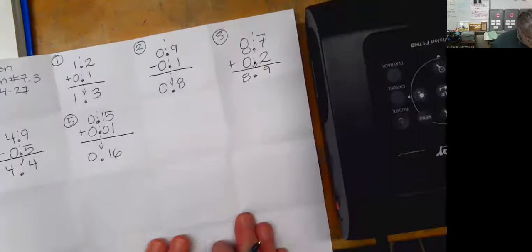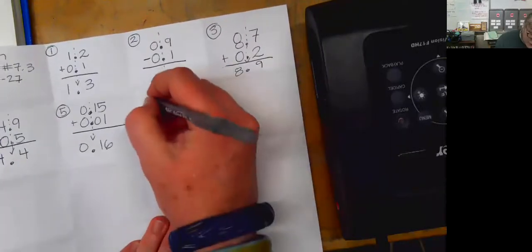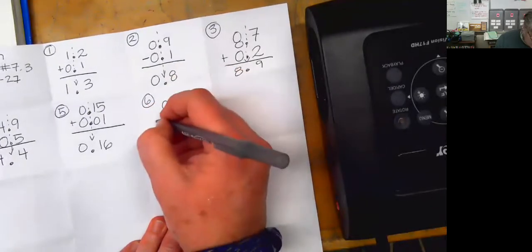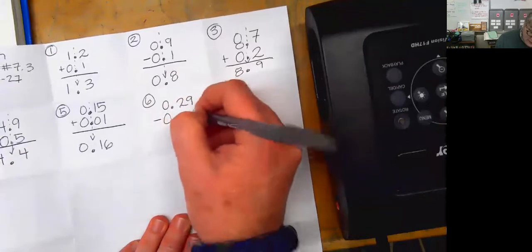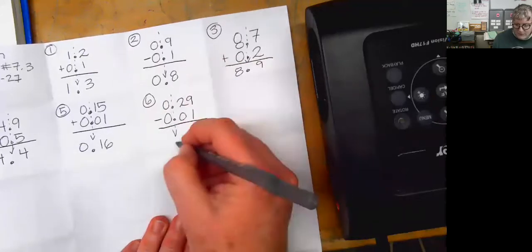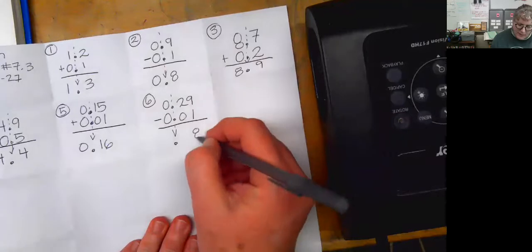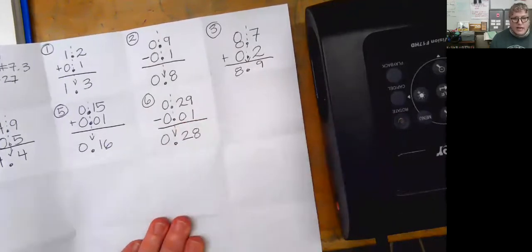Okay, let's look at number 6. What number is 100th less than 29 hundredths? So if we have 29 hundredths and we're looking for 100th less, it's going to look like that. Here's my decimal. So we subtract 9 minus 1, 2 minus 0, and we get 28 hundredths.